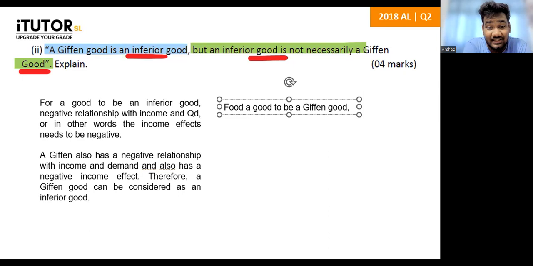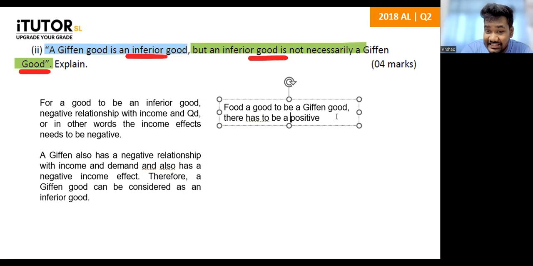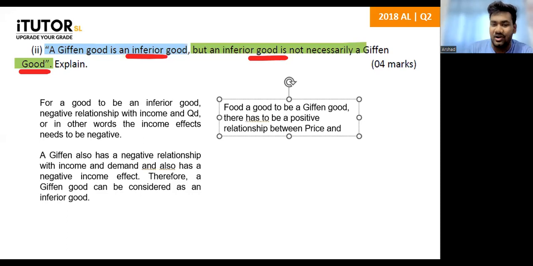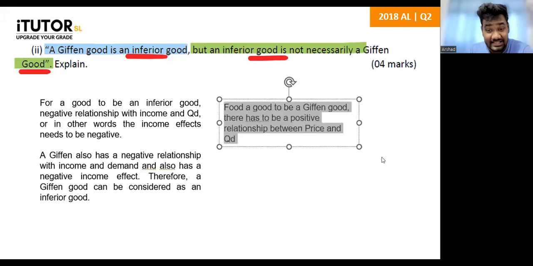It has to have a positive relationship between price and quantity demanded. Here we look at price and quantity demanded.